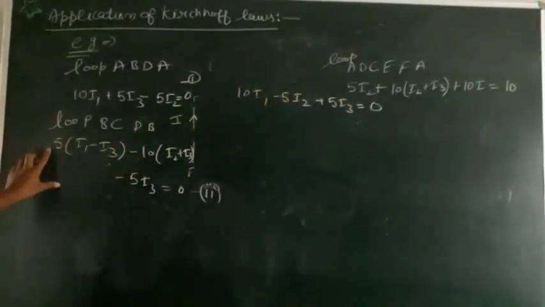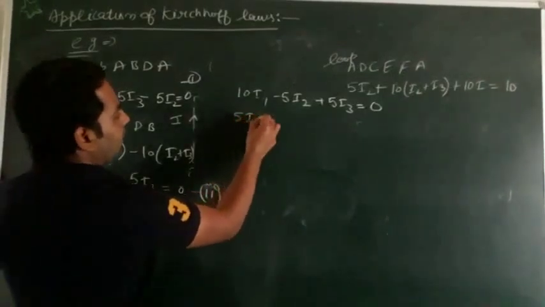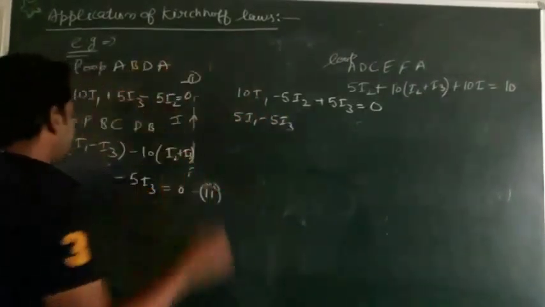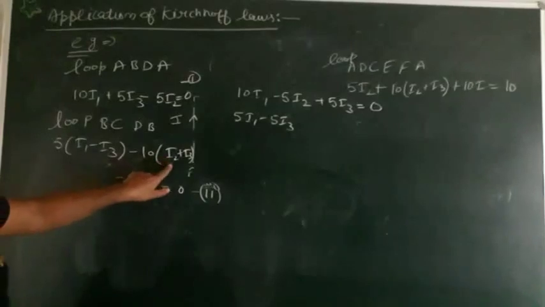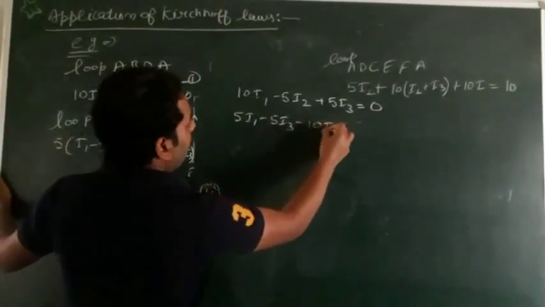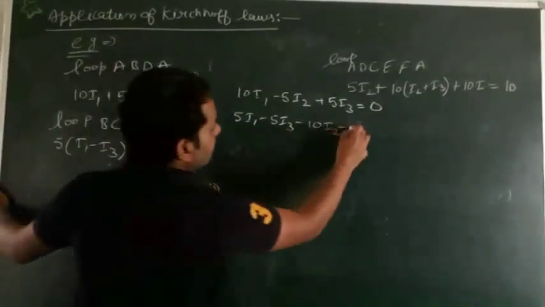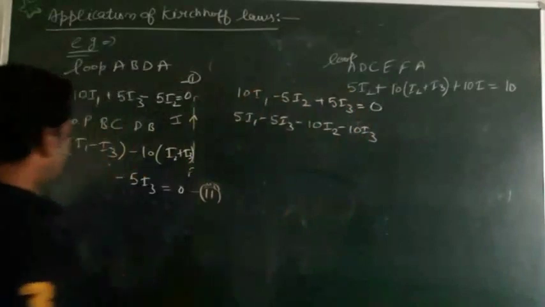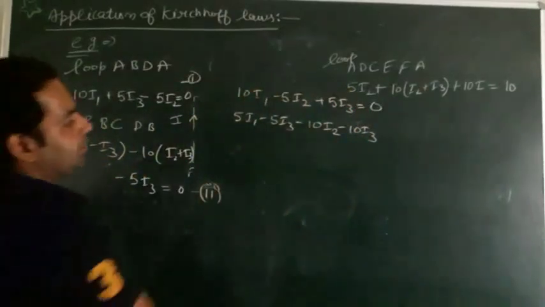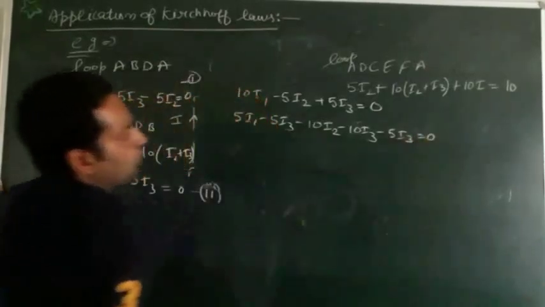Now open that: 5I1 minus 5I3, minus 10I2 minus 10I3, minus 5I3 minus 5I3 is equal to 0.